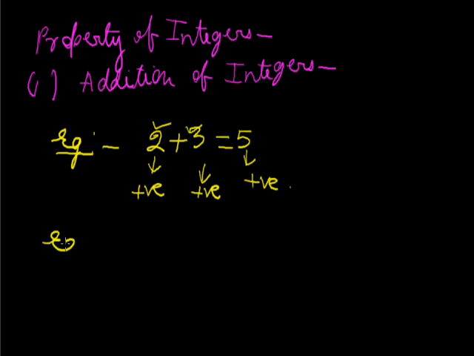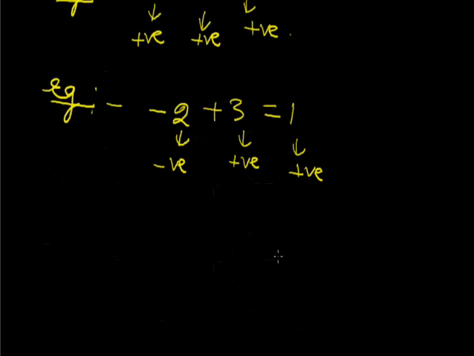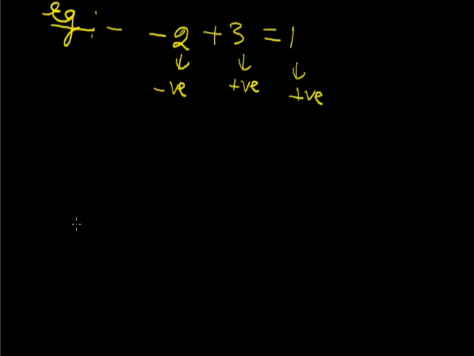Now take another example. Minus 2 plus 3 is equal to 1. Here 2 is a negative quantity, 3 is a positive quantity, which gives the result as positive. So it depends whether the two integers that we are taking are negative or positive. Let's say the third example is minus 5 plus 4 gives you minus 1.